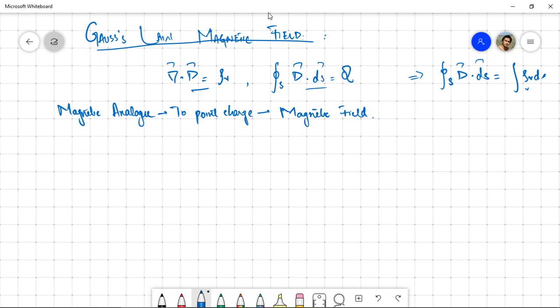There is no way that if we break a bar magnet in the middle, we have an isolated north pole and an isolated south pole. So we derived the conclusion that magnetic lines of force are always in the form of closed loops. That means magnetic lines of force are not generated or terminated anywhere. They are continuous loops.